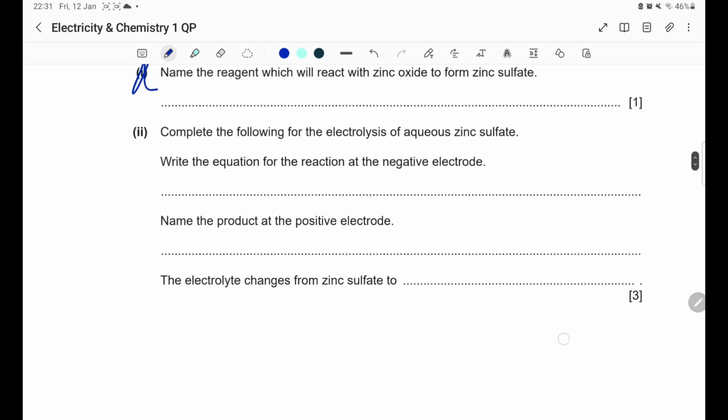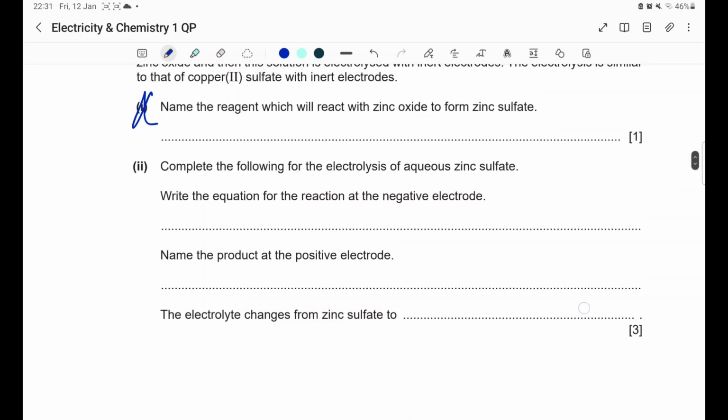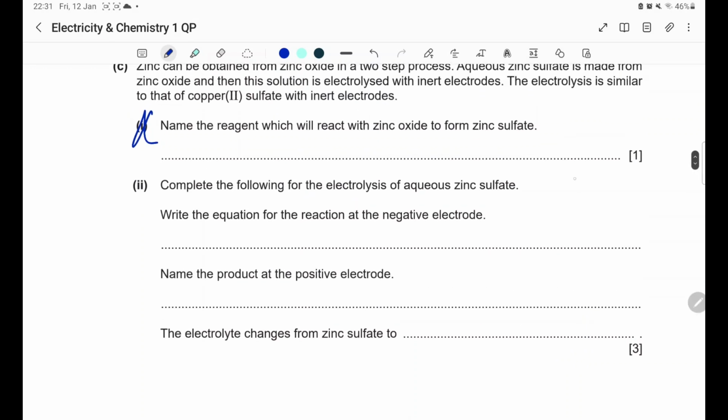Complete the following for electrolysis of aqueous zinc sulfate. I'm just going to quickly make that table that we covered in the electrolysis video in case we need it. At the negative electrode, your cathode, the first thing you need to do immediately is cross this out. Spectator ions never take part in the reaction.